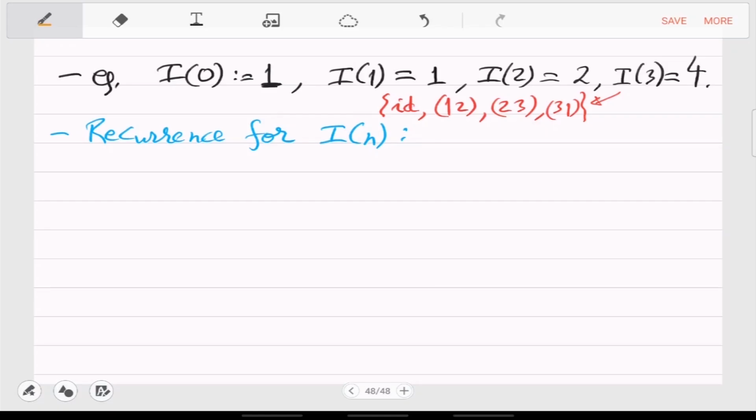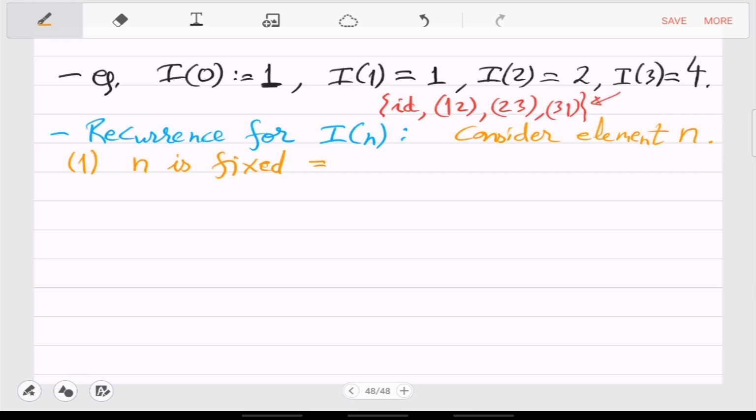Let's just fix i to be n first. So consider the last element, and the cases are: first case is n is fixed, is not moved to any other element j.